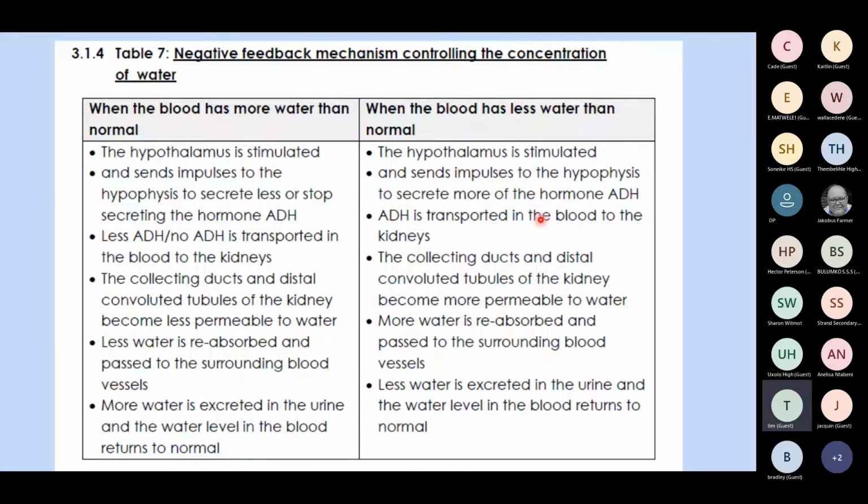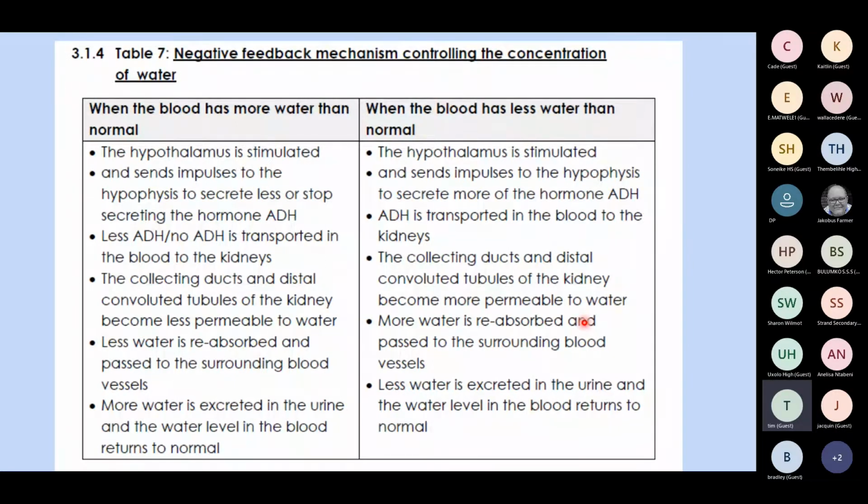Kidneys. And what's happening in the kidneys? The tubules will become more permeable. Look at the difference here, grade 12s. More water, it's less permeable. Less water, it is more permeable. Highlight it in your booklet, which then means that more water will be reabsorbed and passed to the surrounding blood vessels.